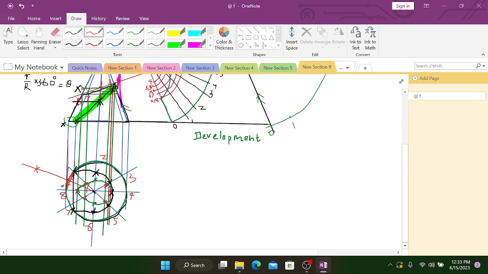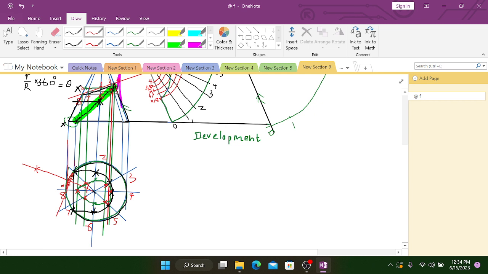Then I have a half portion. I want to take this half portion from my compass, and I want to extend this line in this way, and from here I want to get this.